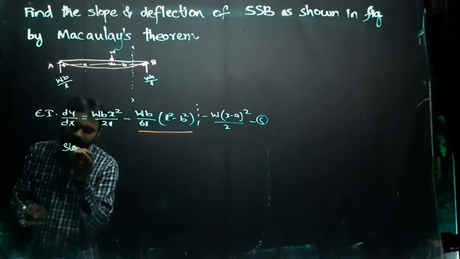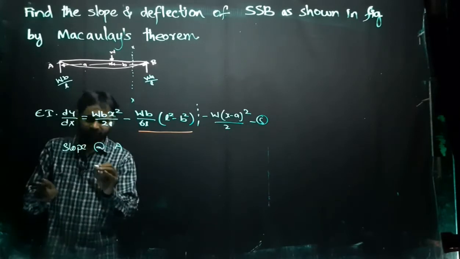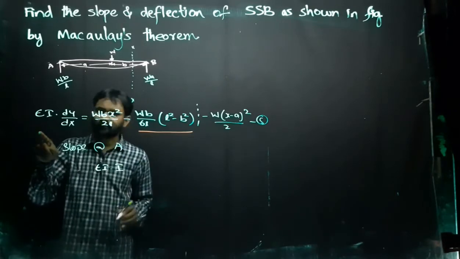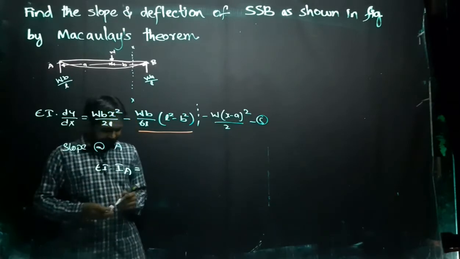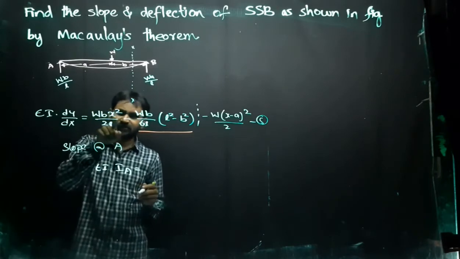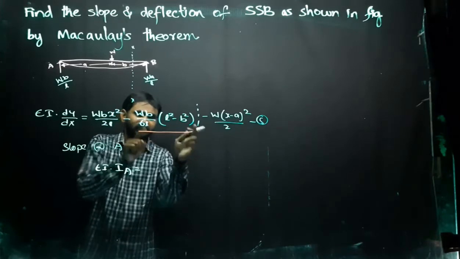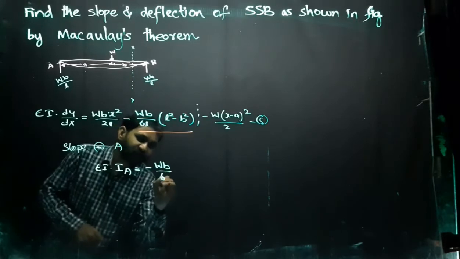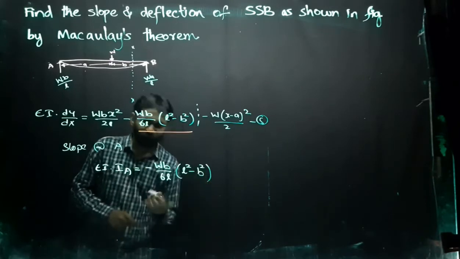Slope at A is EI into theta A. What is the slope at A? At x equal to 0, the condition, x equal to 0 makes the entire term 0. Whatever remains is my remaining portion, so minus WB by 6L into L square minus B square.